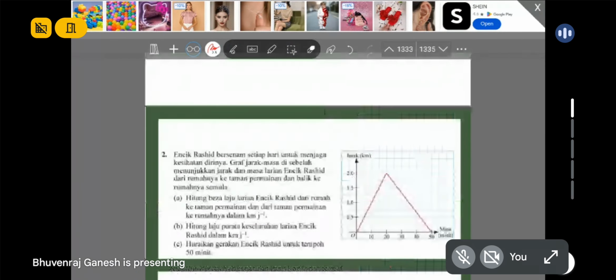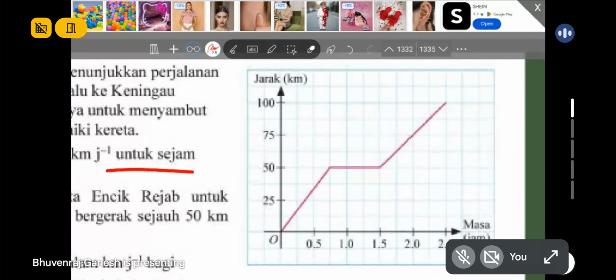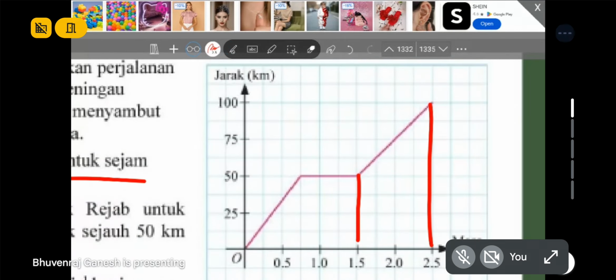Okay, so first one, this question, they ask you guys to count the speed for the last hour. Sejam yang terakhir. This one, guys, 1.5 to 2.5. So anyone? What do you guys get for speed? Direct to the answer.